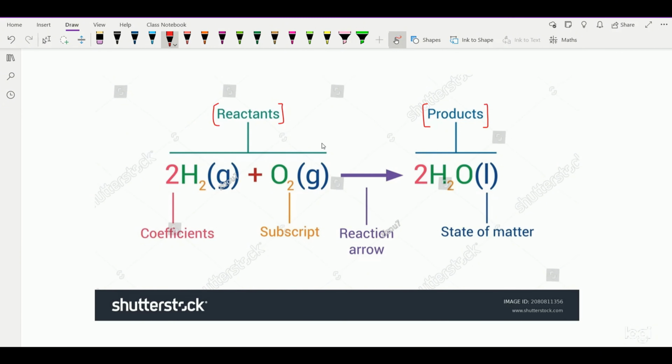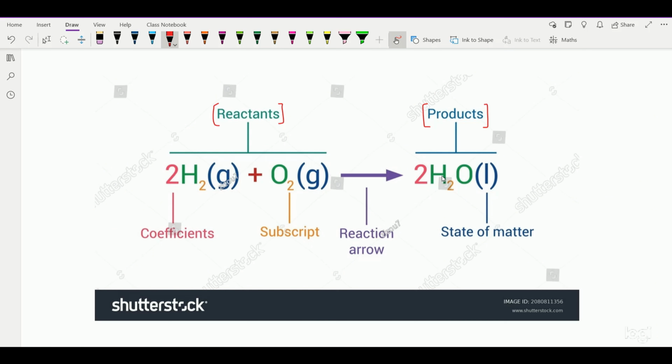In the example given in this picture, when hydrogen and oxygen react with each other, they are going to produce water, and therefore water will be my product.